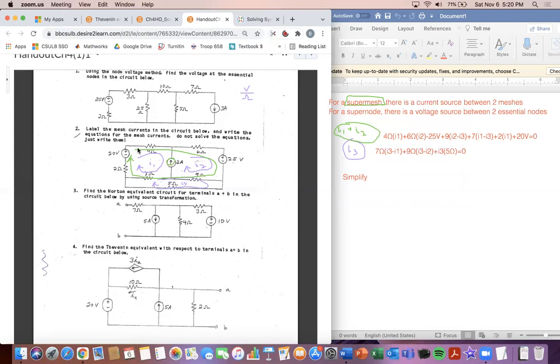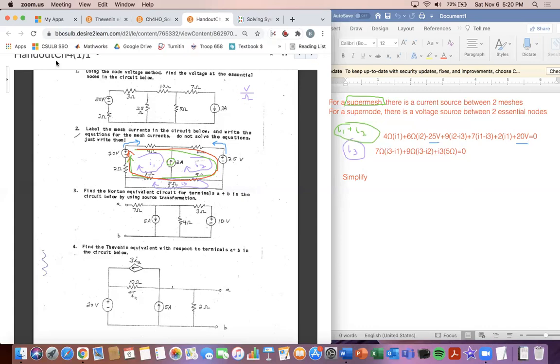Let me show you to make this super mesh. It goes in this direction, and from our sources, the current coming out of this one goes in the same direction as the loop, but the current coming out of the other goes in the opposite direction. That's why we give this a negative 25, but the 20 volt goes in the same direction, so it's positive. Does that make sense?